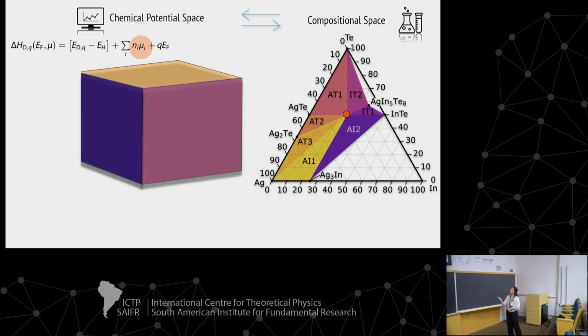And then we can combine this. The connection between theory and experiment is basically done because we can directly connect chemical potential and compositional space. So for instance, how can we build this chemical potential space for this compound?